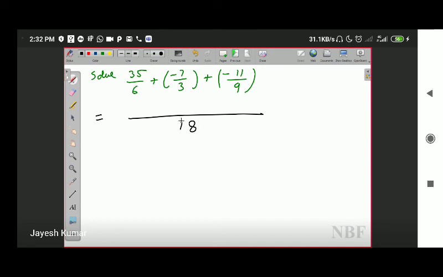So what should we multiply with 6 to get 18? That is 3. So this will be 35 into 3. Plus, what should we multiply with 3 to get 18? That is 6. So this will be minus 7 into 6.